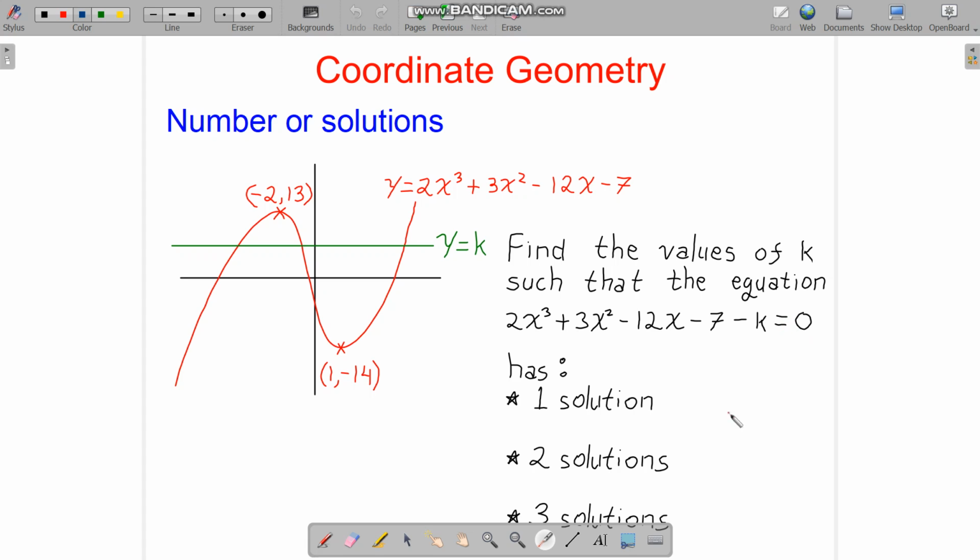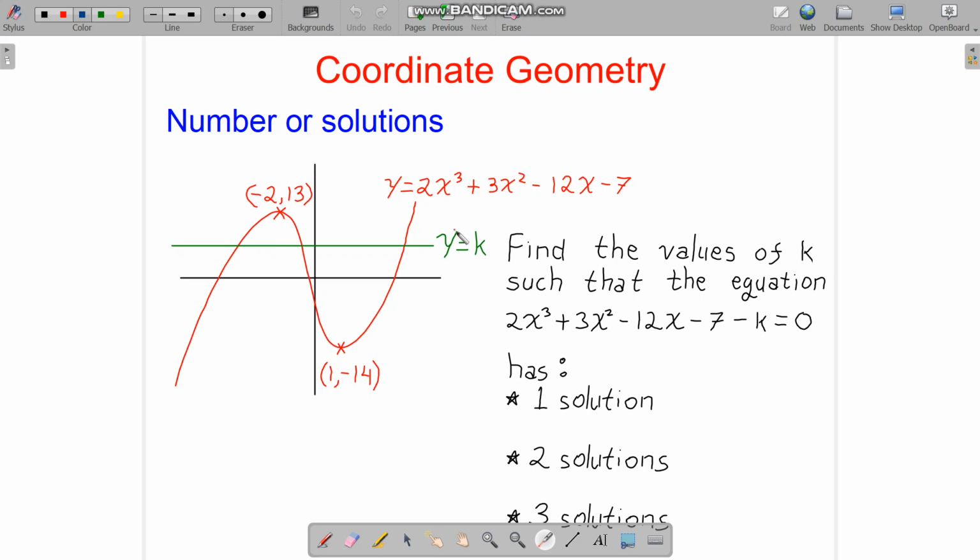Remember, this means we are looking for the intersection between y equals 2x cubed plus 3x squared minus 12x minus 7, and if you just move this to the right, this is equal to k, so the intersection between the red curve and the green y equals k. So we can find the number of solutions of this equation by finding the number of intersections of the red curve and the green straight line.